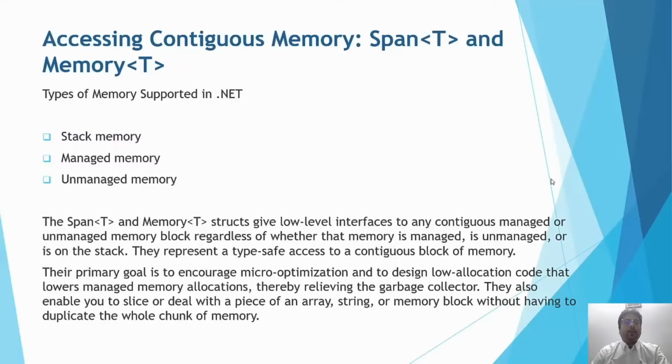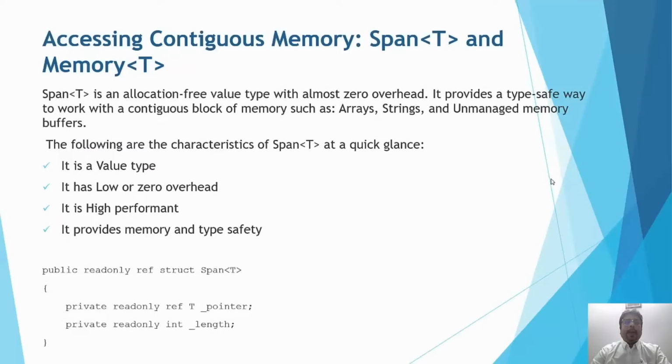So these are structs that provide you low-level interfaces using which you can access any memory, whether it is managed or unmanaged, or on the stack, in a type-safe manner. We'll see more of it. Span<T> is what we will be using in this session.